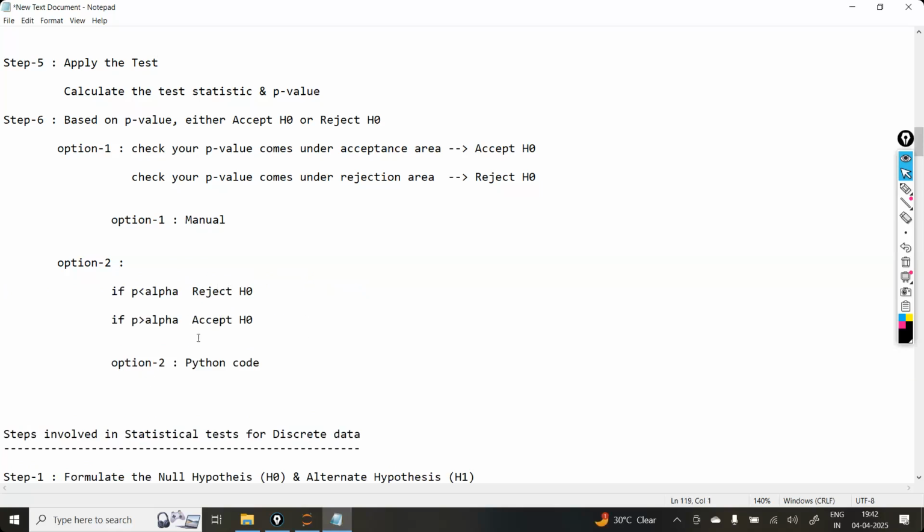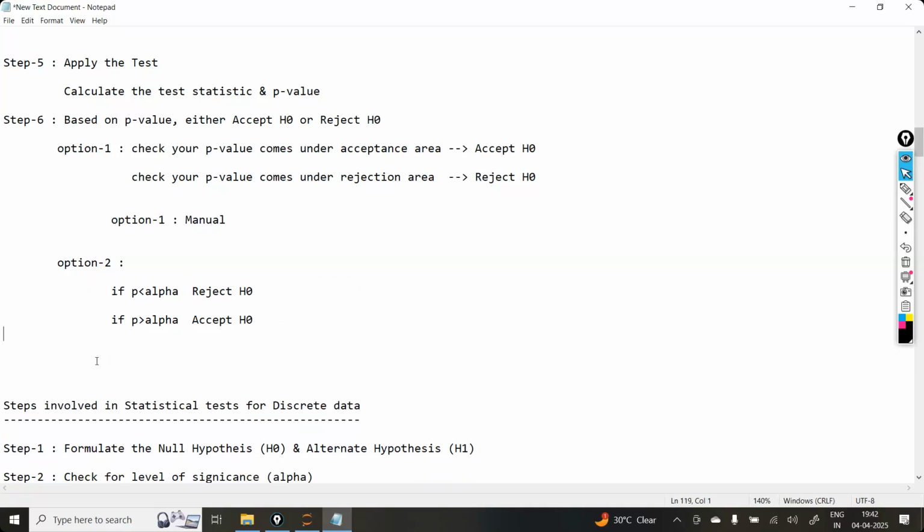When do you choose option 2? When you are working with the statistical test using Python. That is, p is less than alpha, reject the null hypothesis; p is greater than alpha, accept the null hypothesis.